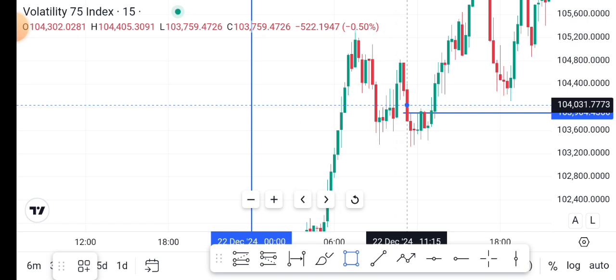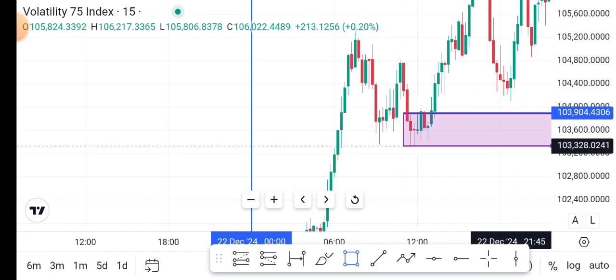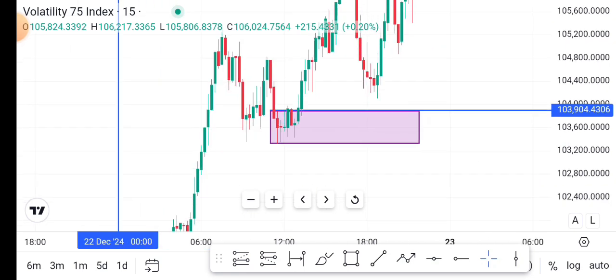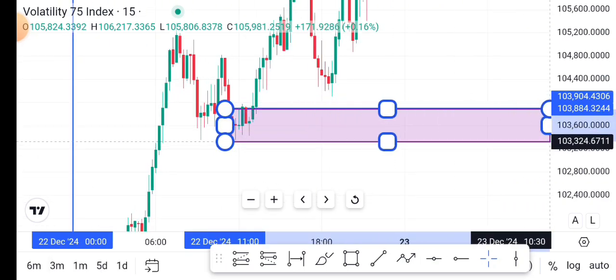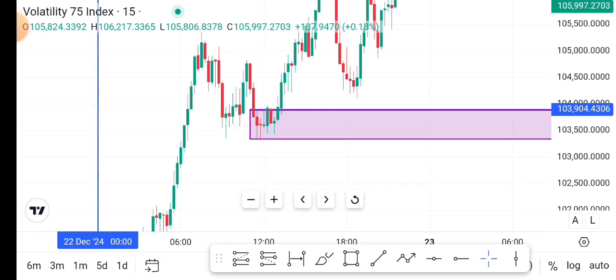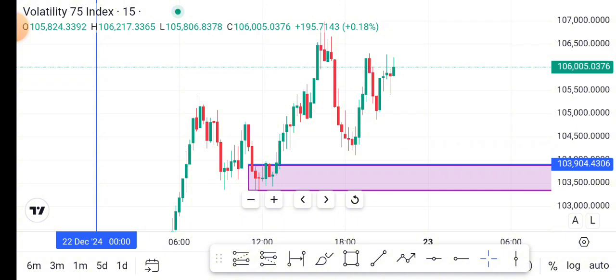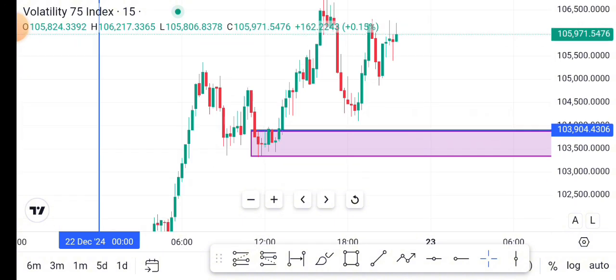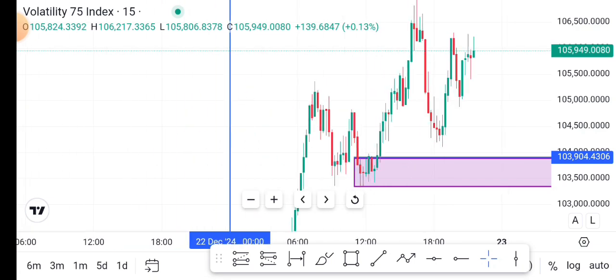If we mark that and then take it to the left, are you getting the point? We wait for the market to come and tap into that region. You can see that the market didn't come and tap in, but we have managed to predict that the market is going for the buy opportunities.